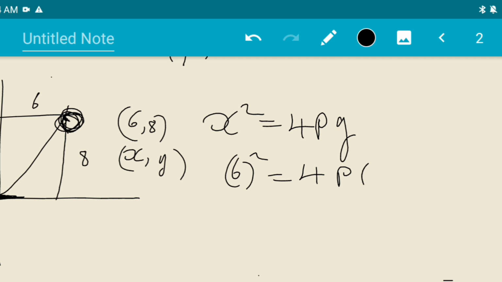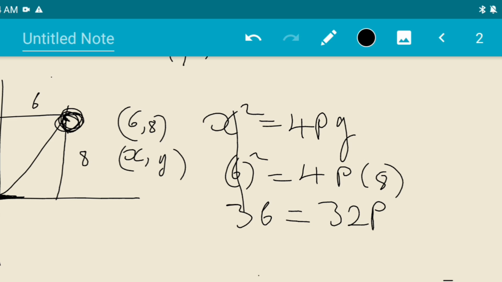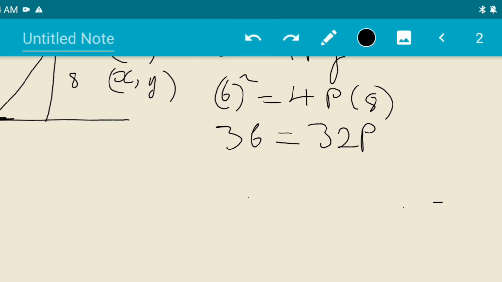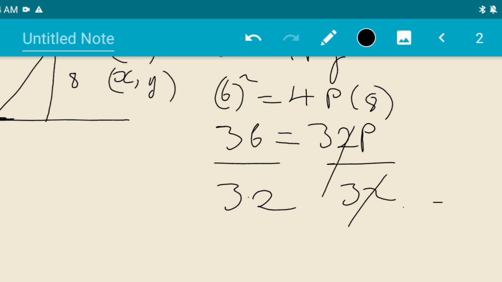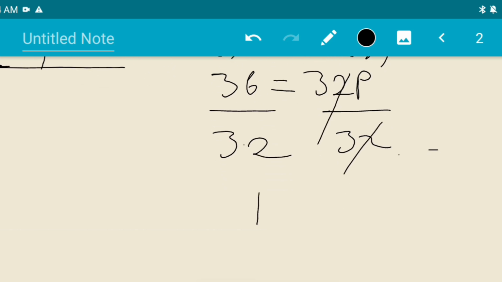Our y would be 8. So it would be 6 times 6, which is 36, equal to 8 times 4, that would be 32p. Then we divide both sides by 32, so when we cancel out, p is equal to 36 divided by 32. So this is our foci.